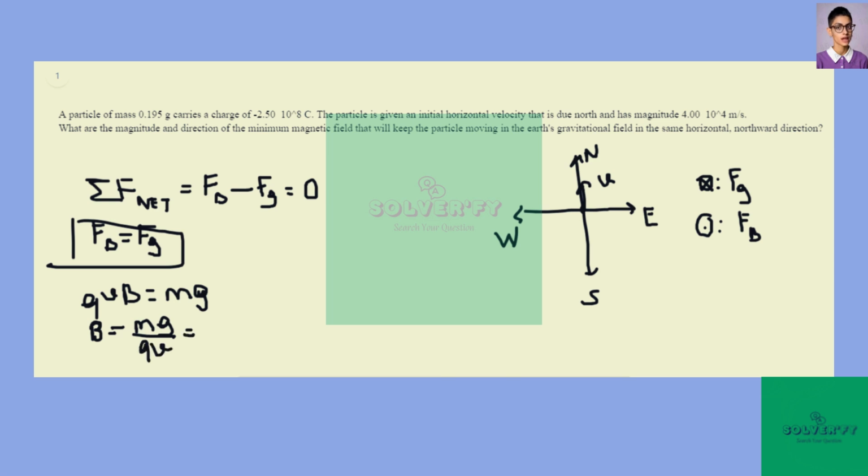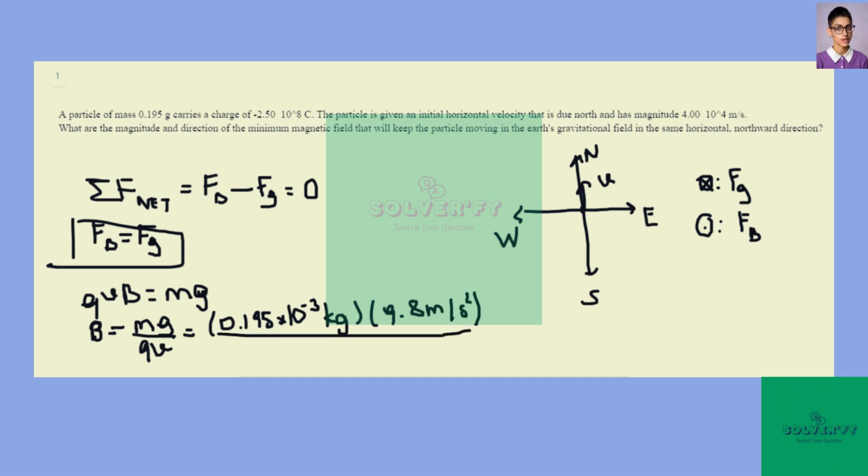So if we do this calculation here, m, which is 0.195 times 10 to the power of -3 kilograms. We have to do the conversion from grams to kilograms. And then we have the gravitational acceleration, which is 9.8 meters per second squared.